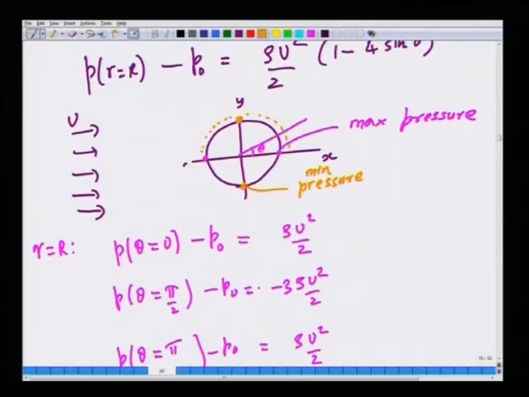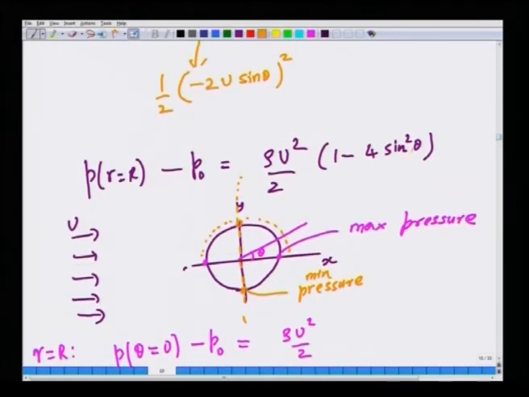There is a complete symmetry of the pressure variation about the half of the cylinder, because the pressure is an even function of theta, since you have 1 minus 4 sin squared theta. So, there is a complete symmetry of pressure. The pressure value here will be the same as the pressure value here, because you have sin squared theta.